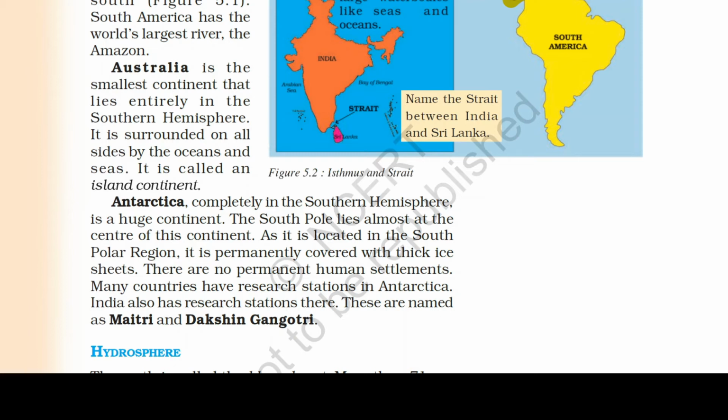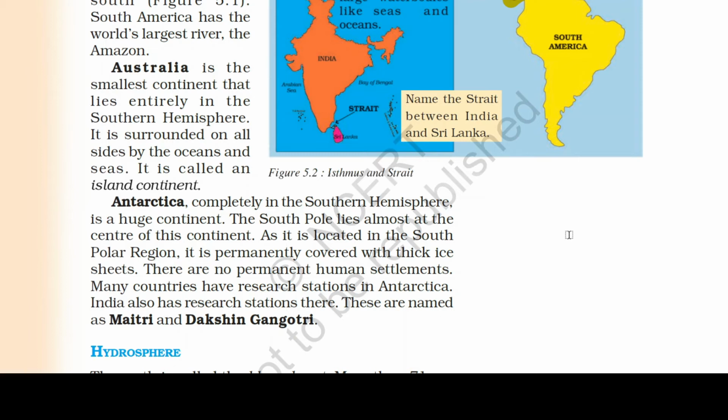Lastly, we will discuss Antarctica. It is completely in the southern hemisphere and it is a huge continent. The South Pole lies almost at the center of this continent, and it is located in the south polar region.